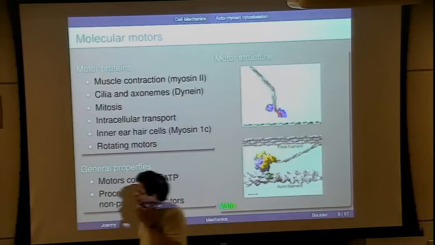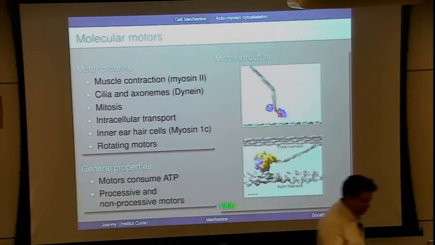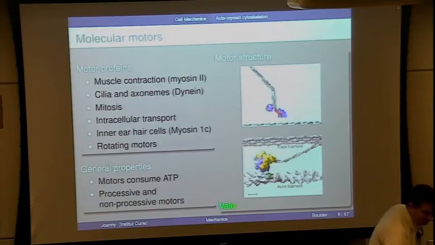Now, what I will care about today is non-processive motors. So the non-processive motor is this one that you saw yesterday. I will show it again.